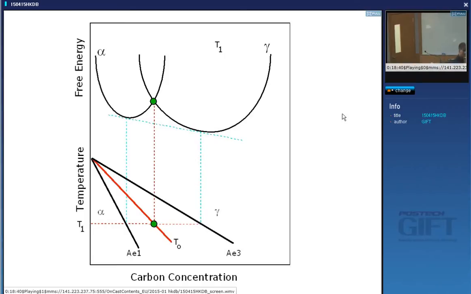Right? So this is purely thermodynamics, and we are talking only of the chemical composition of the austenite and ferrite. But we've already seen that we have a large shape deformation, therefore there must be strain energy. So you actually need to supercool below T0 in order to get martensite to allow for that strain energy term.